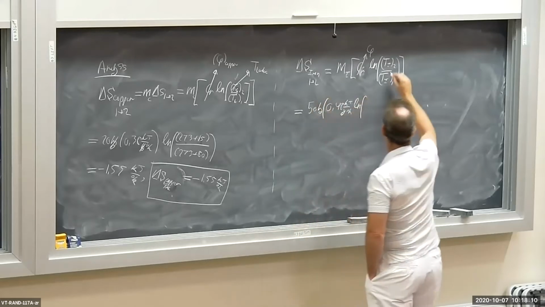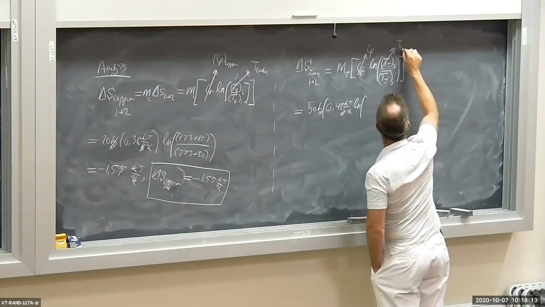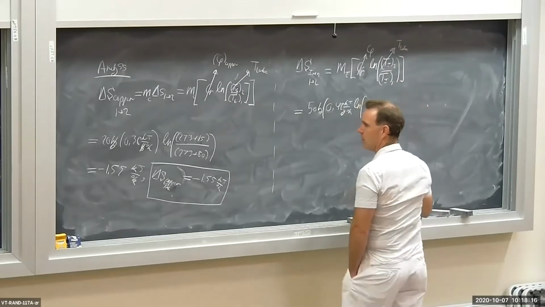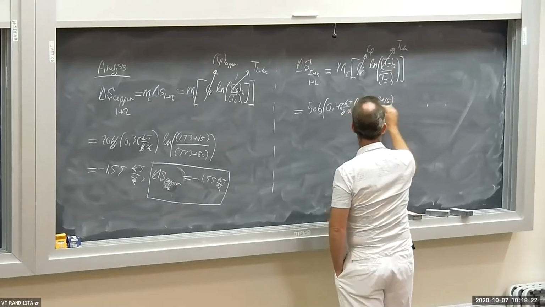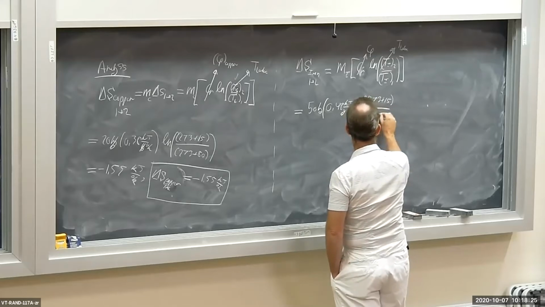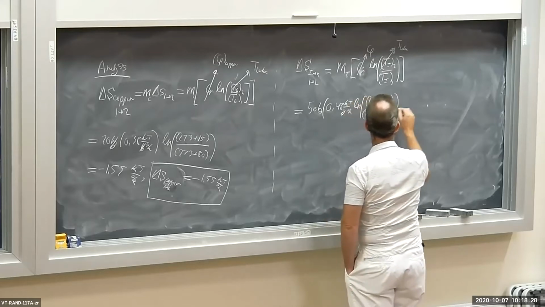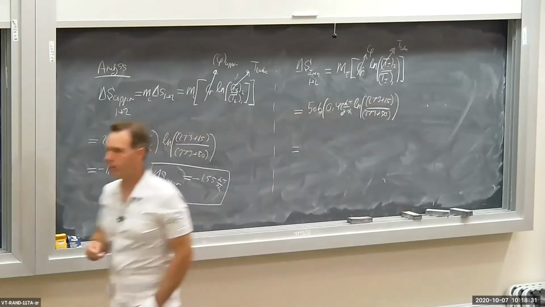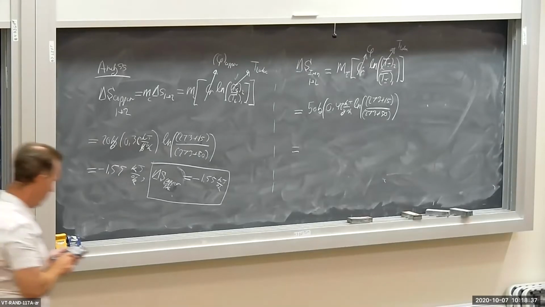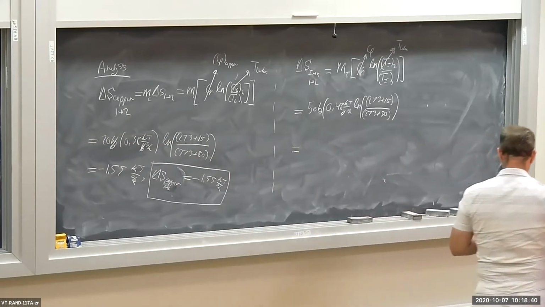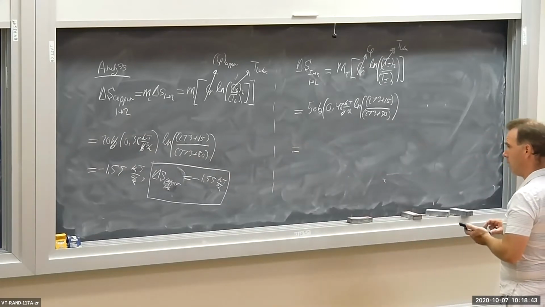Natural log, and this is the lake temperature. The final temperature for the iron is the lake temperature. So again, that's 273 plus 15 divided by 273 plus 80. Okay, so let's calculate. Temperature is falling, so again, we assume a reduction in entropy.